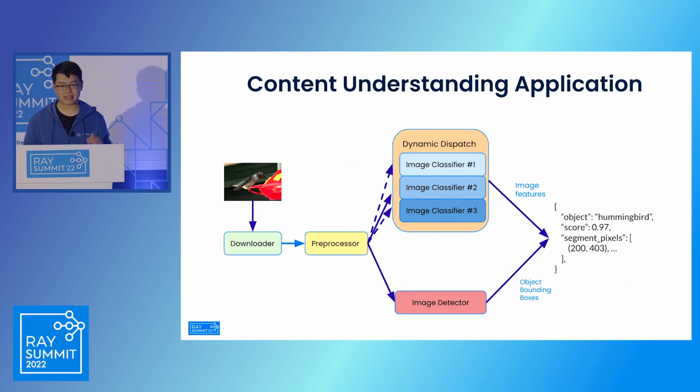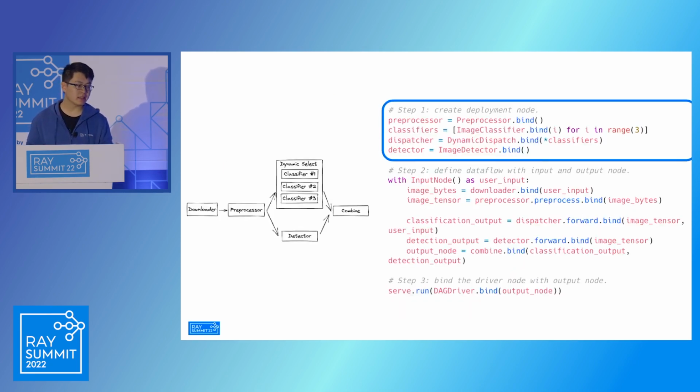So in the end, let's wrap this together by taking a look at our content understanding application again. With the content understanding architecture, it's very simple: we just need to declare every single component as its own deployment, and then start binding them, creating their constructors. For example, our dynamic dispatch node depends on the classifier, so we had this dynamic dispatch.bind with the classifier to inject the dependency.